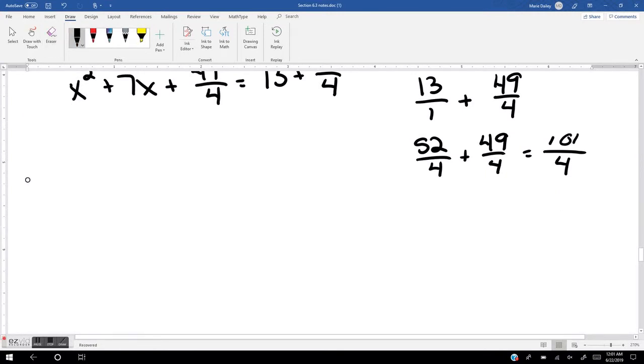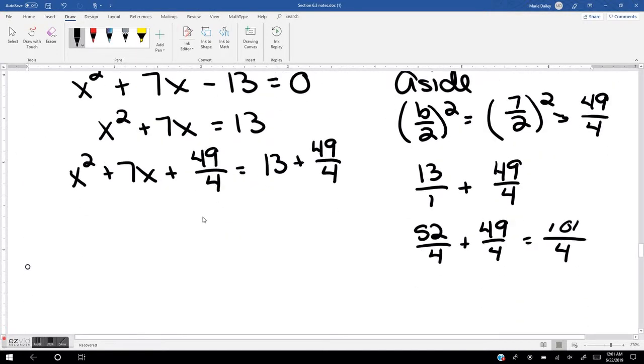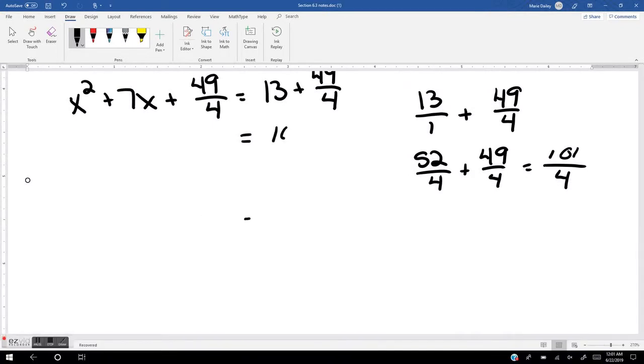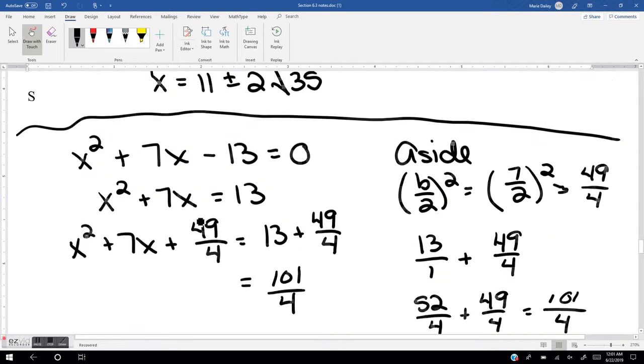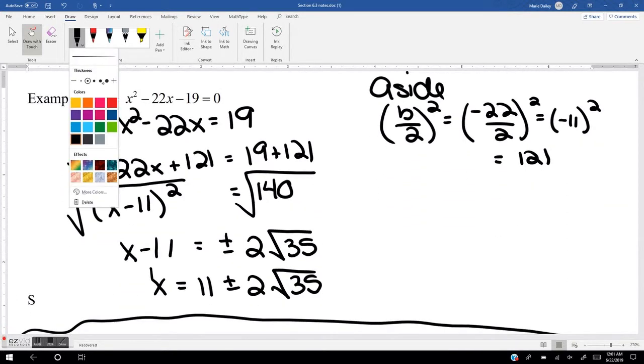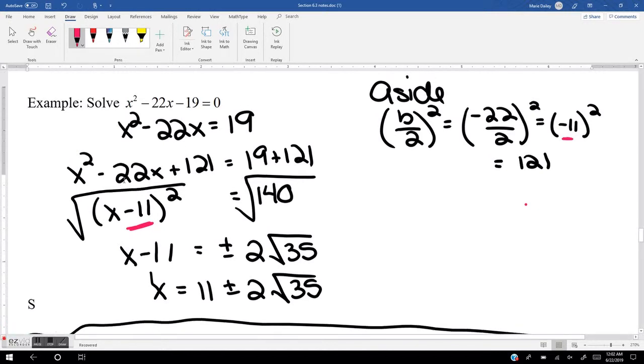Now, as we take a look at this, that left-hand side looks like a mess to try to factor. However, let's see if we can use something from our past to help us factor that. Well, if you look at this last example, we notice that the b over 2 was a negative 11, and it factored into x minus 11.